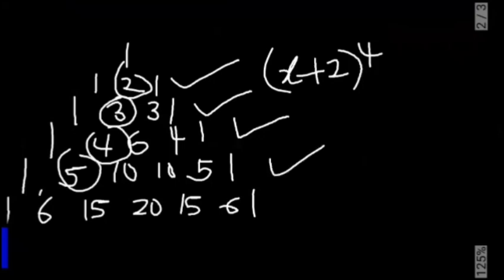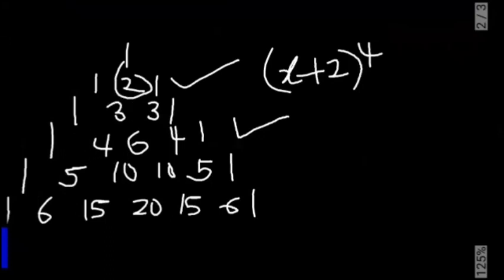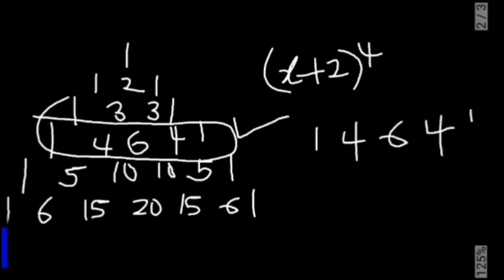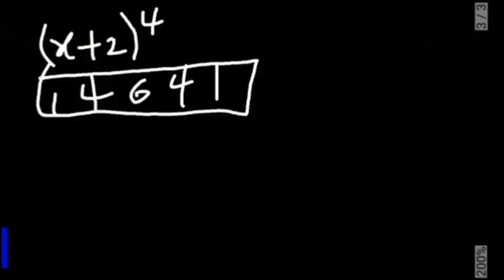In the power of 6, use this line. So in the power of 4, these are the coefficients we are going to use: 1, 4, 6, 4, 1. So these are the coefficients we need.